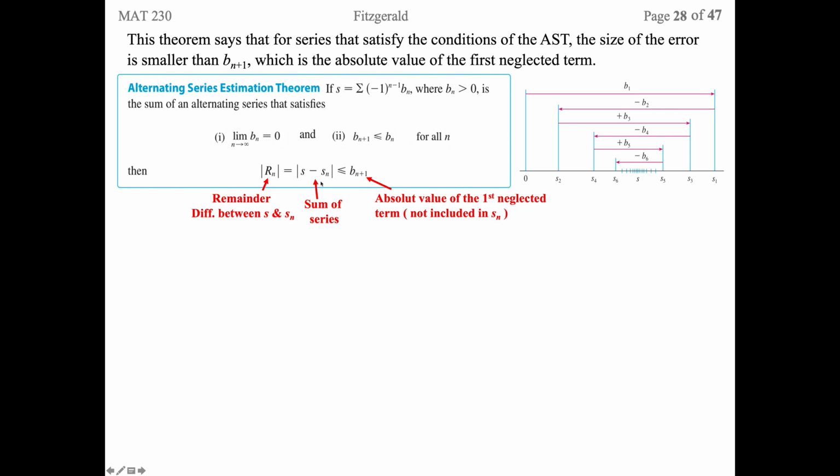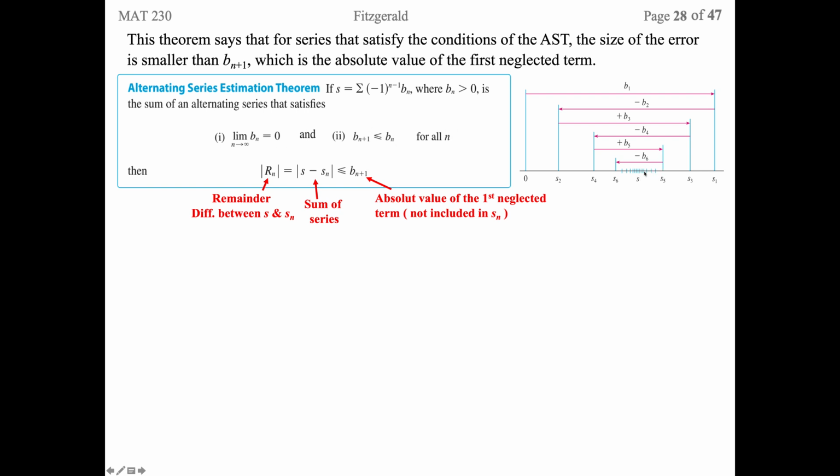So a better visual of this is to look over here at my number line. I start at 0, I add b sub 1, I subtract b sub 2, I add b sub 3, and so on and so forth. But look at your partial sums down here. Let's say we're looking at s sub 5. If I subtract that from the s, that's this distance from s to s sub 5.